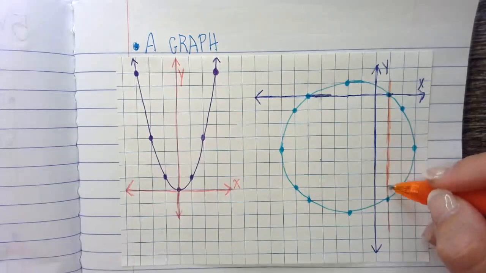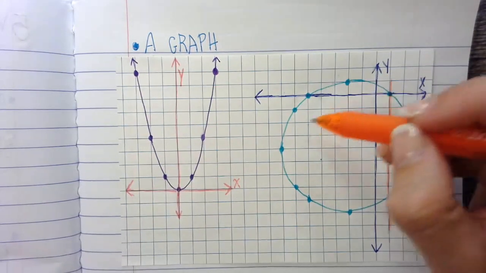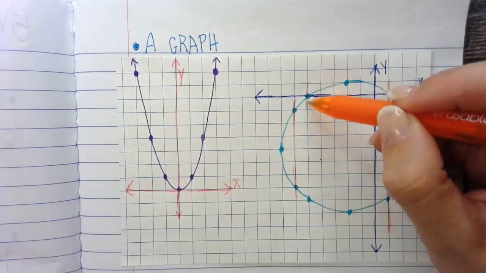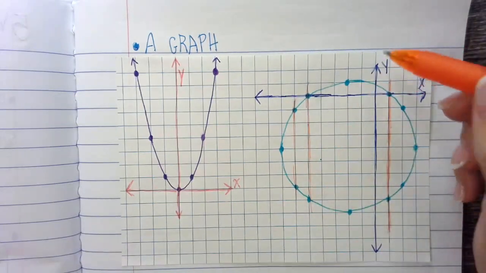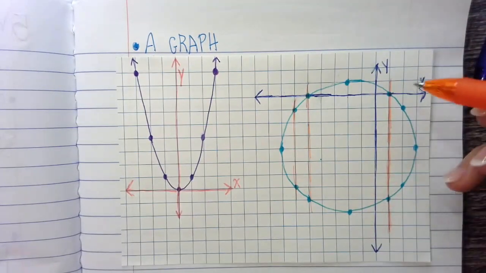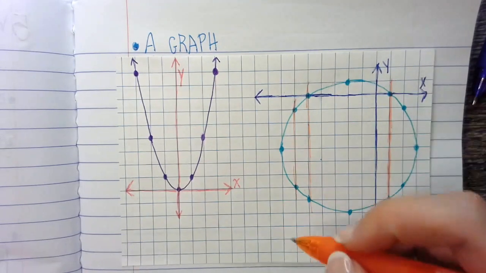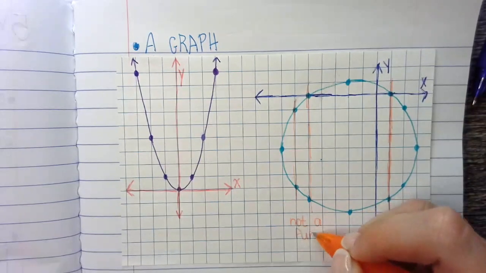So a way that we test graphically, okay, how do we figure it out right away? A way that we test graphically whether or not something is a function is we look to see if it passes something we call the vertical line test. If you were to draw a vertical line through your graph and it would cross it more than once in any one place, then it's not a function. So this is not a function.